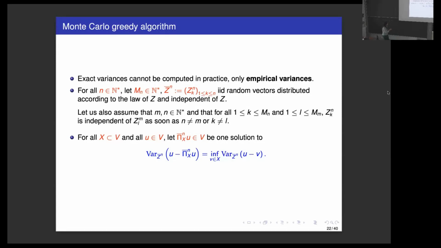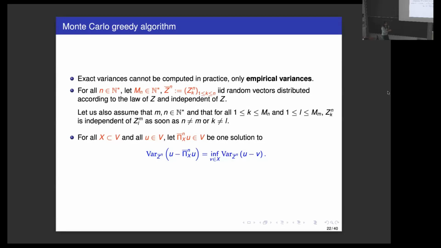I'm also going to use some notation. For X a finite dimensional subspace of V and any element U in V, the notation P bar Xn of U will be an element of V such that the empirical variance with respect to the collection of samples Z bar n of U minus P bar Xn of U realizes this infimum.